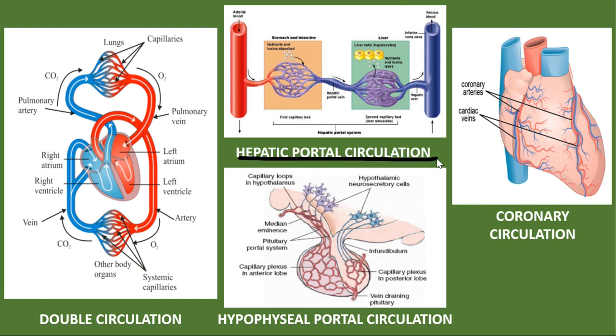So what do you mean by portal circulation? When a vein returning blood from a system of capillaries does not go directly to the heart, instead divides into a second set of capillaries in some other part of the body before finally returning blood to the heart, it is called portal vein.